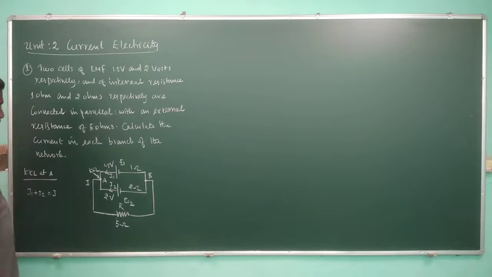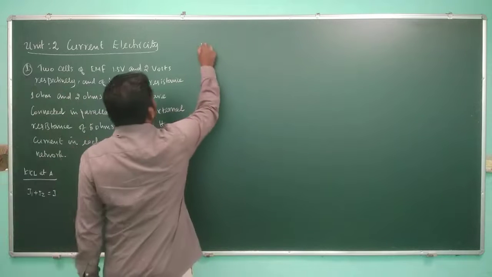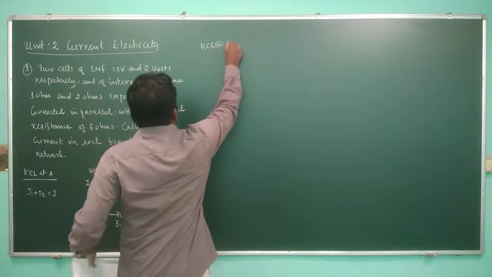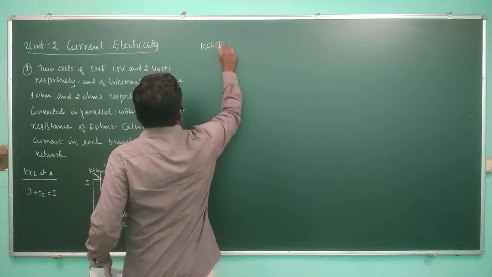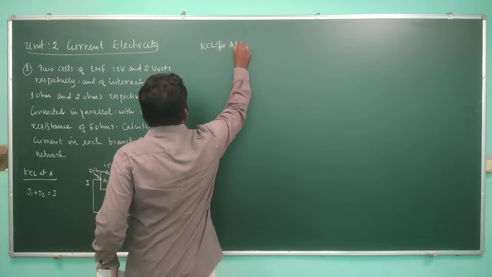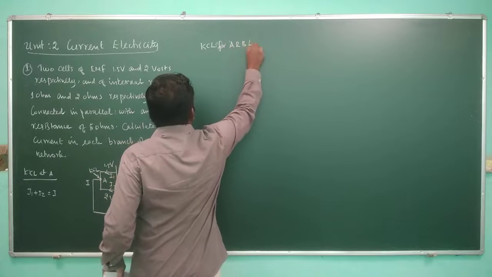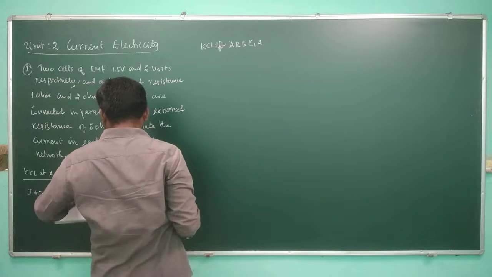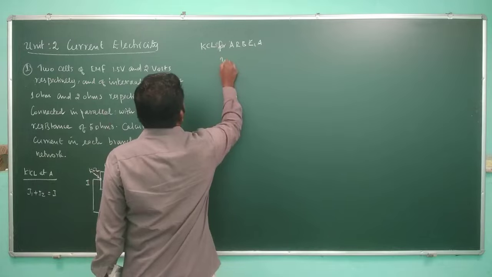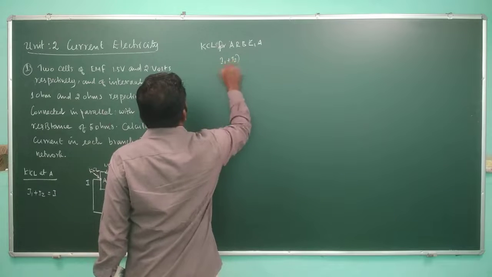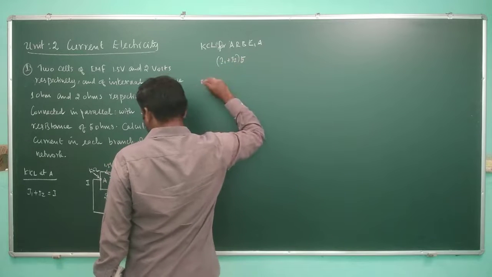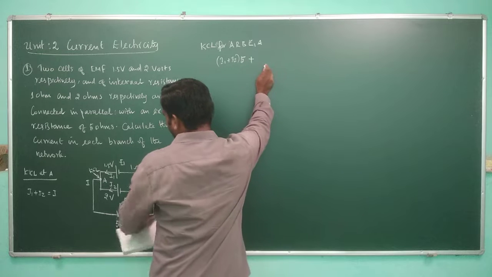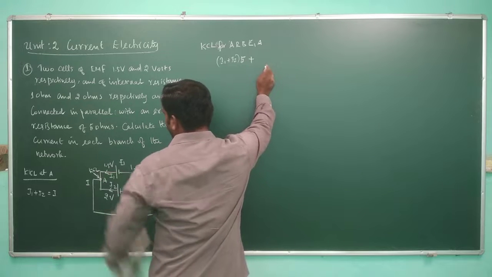And second, you can apply Kirchhoff voltage law for the loop A, B, E1, A. In that case, it is I1 plus I2 times R, which is 5 ohms, plus current through this loop. What is that?